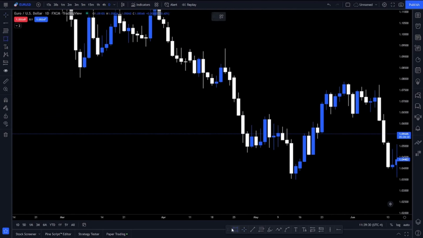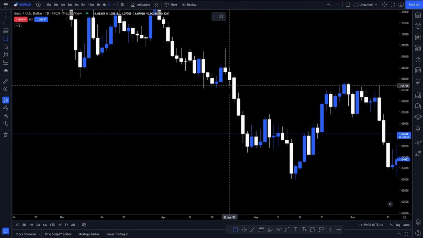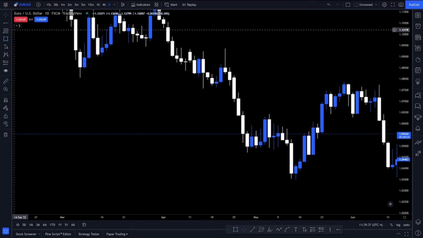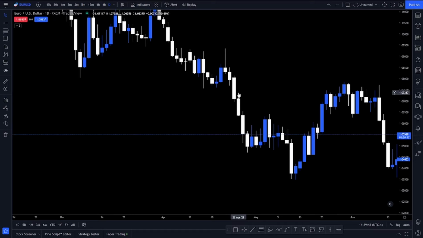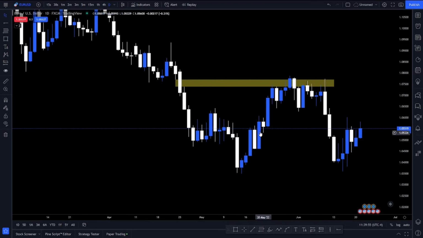You can see between these three candles, this candle's wick is not meeting this candle's wick. Okay, these wicks are not meeting, so what's in between there? It's a gap.